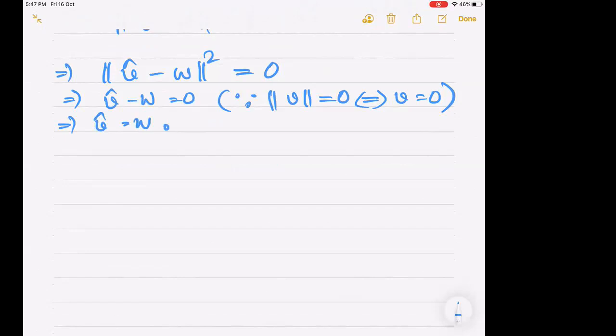Very simple. Number 3 is perhaps the most profound. I mean, let's not say profound, but most useful. So we make this assumption that suppose W is finite dimensional.